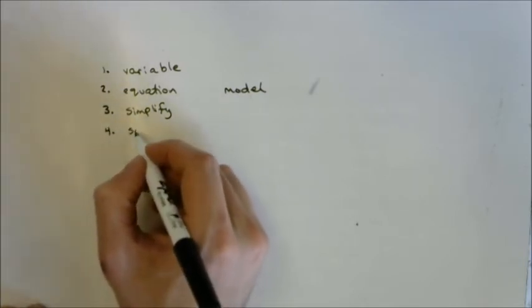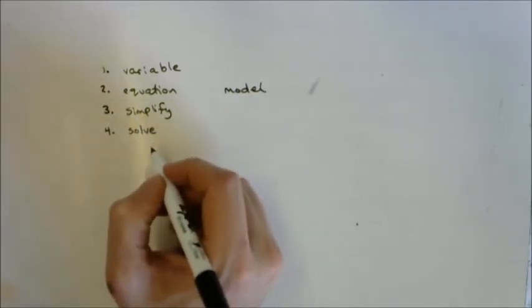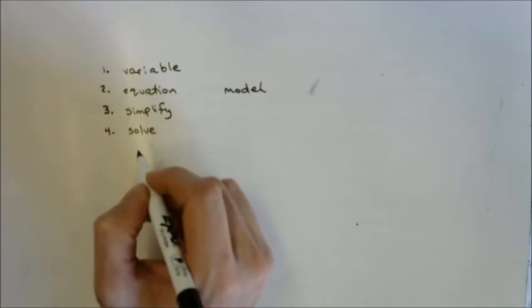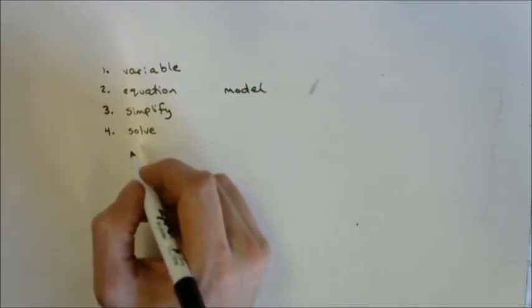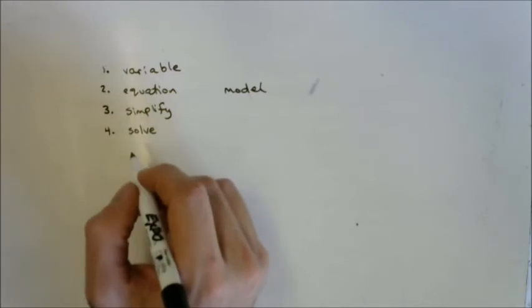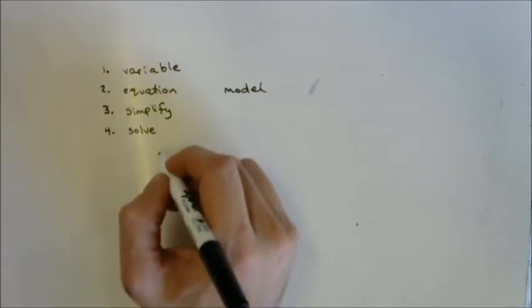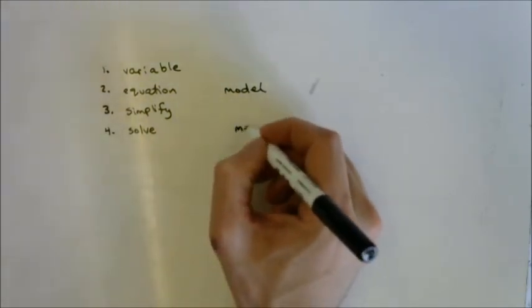Then you're going to try to solve. What does it mean to solve? Find out the value of x, right? Find out the value of the variable that you chose. Okay, so you're going to solve the equation using an appropriate method.